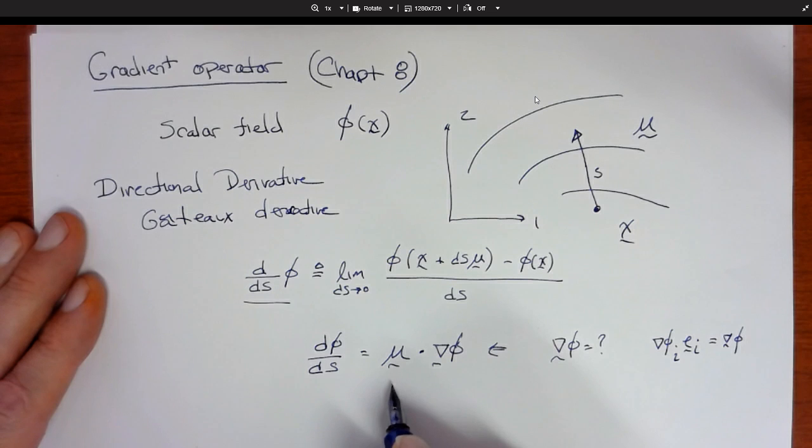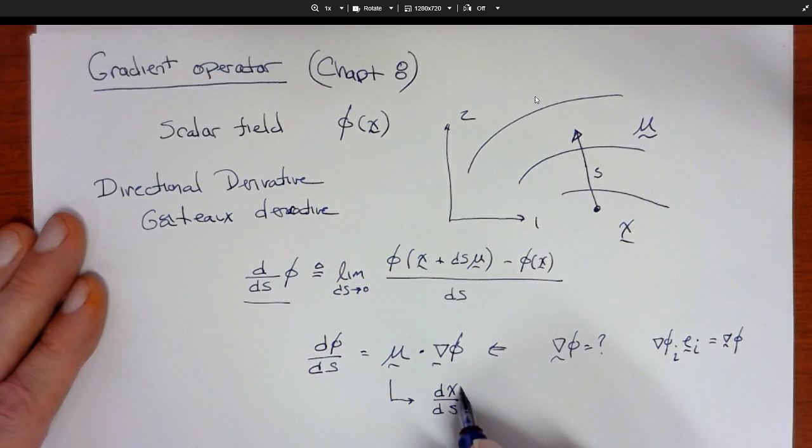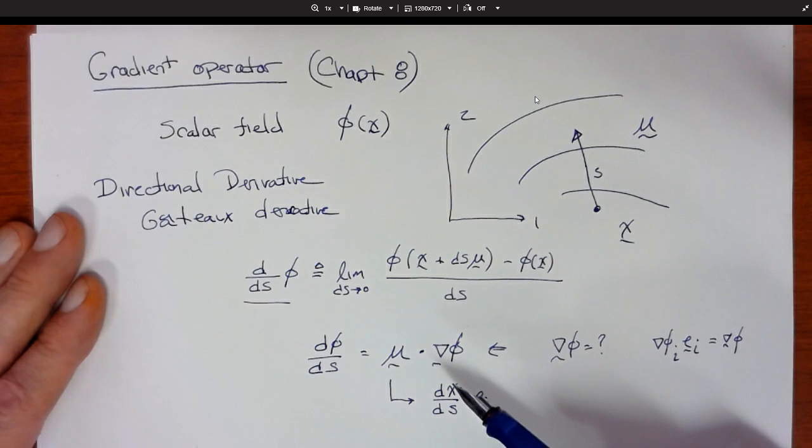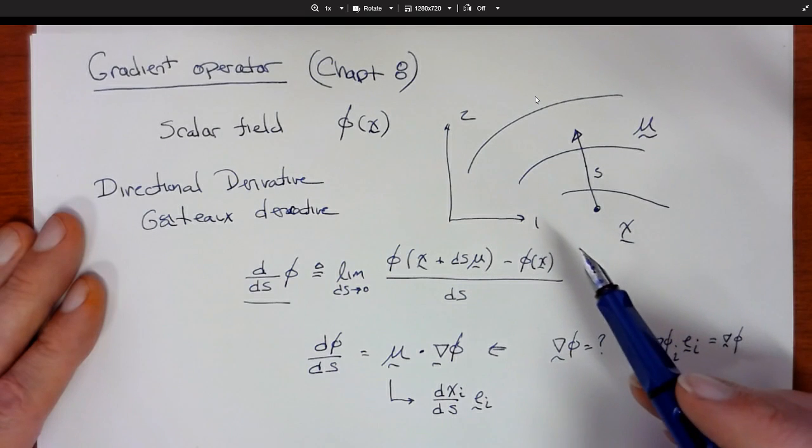We can write the unit vector, if you think about it, it has a component in the 1, 2, and 3 direction, and so we're going to write this as follows. Again, we've got a vector here because we've got a sum on the indices, but this is going along the ds direction.